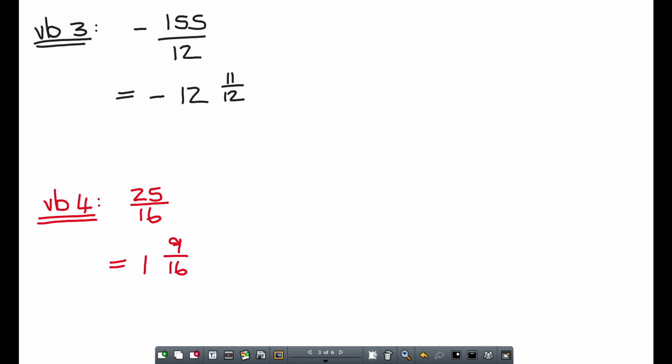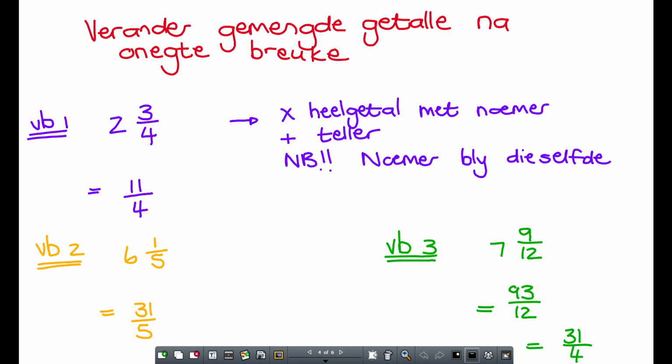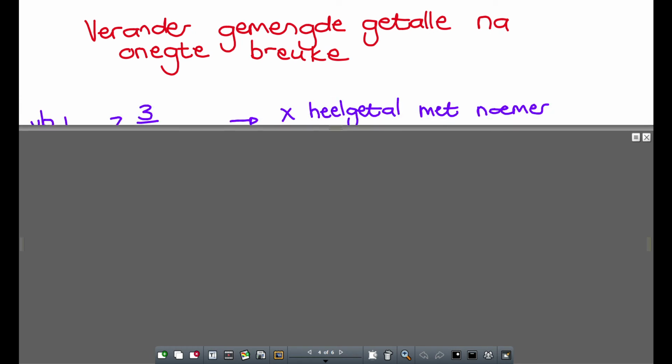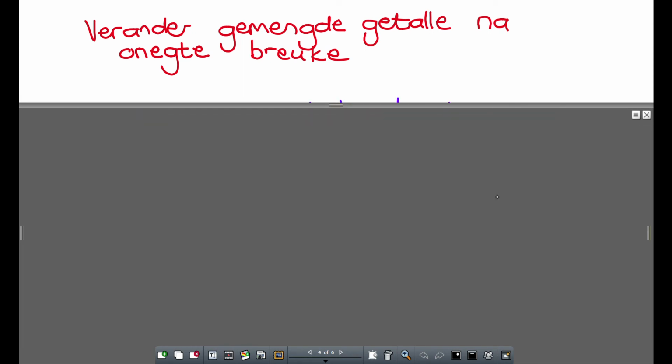Okay. So nothing funny or new there. Right. So now we're doing the opposite. We want to change a mixed number into an improper fraction.